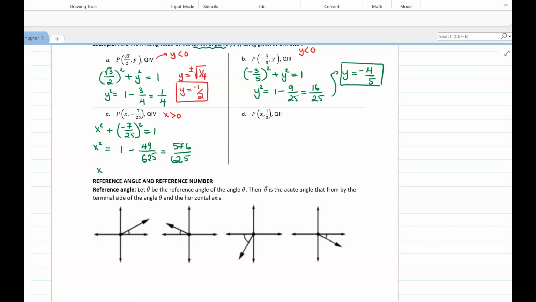Taking the square root of both sides, we'll take the positive value. Similarly, for the last problem, because the terminal point here is in quadrant 2, the value of x must be less than 0.